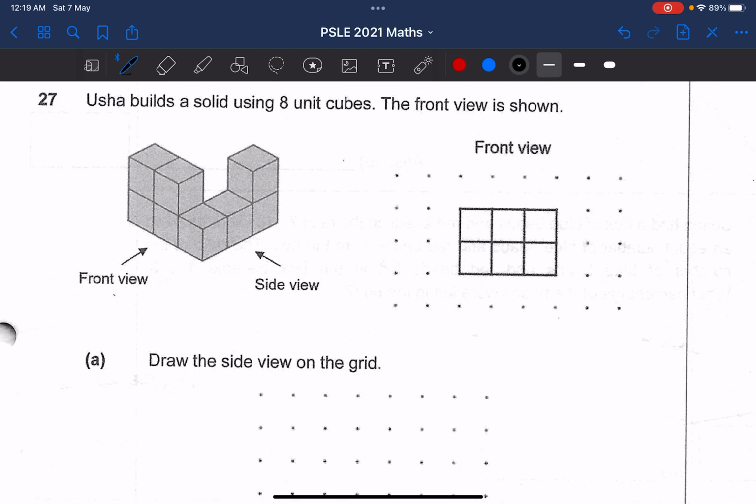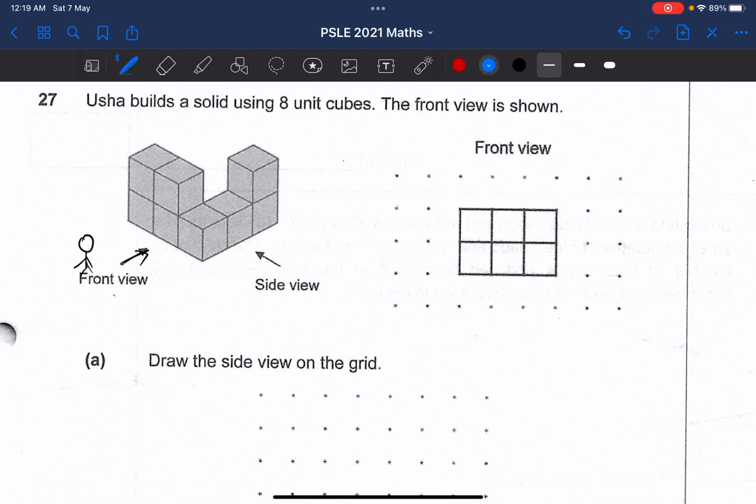In 5G last year, we learned that there's actually a way to make sure that your answers are correct. And this method is called the numbering method. So for example, if I'm supposed to be looking at the front view, that means I'm trying to imagine I'm standing here, looking at this side. So I will number off.